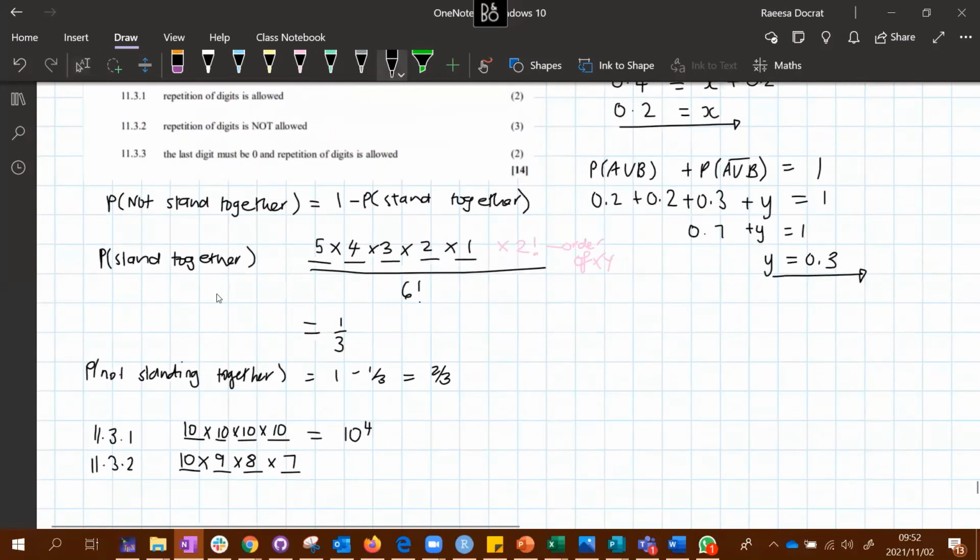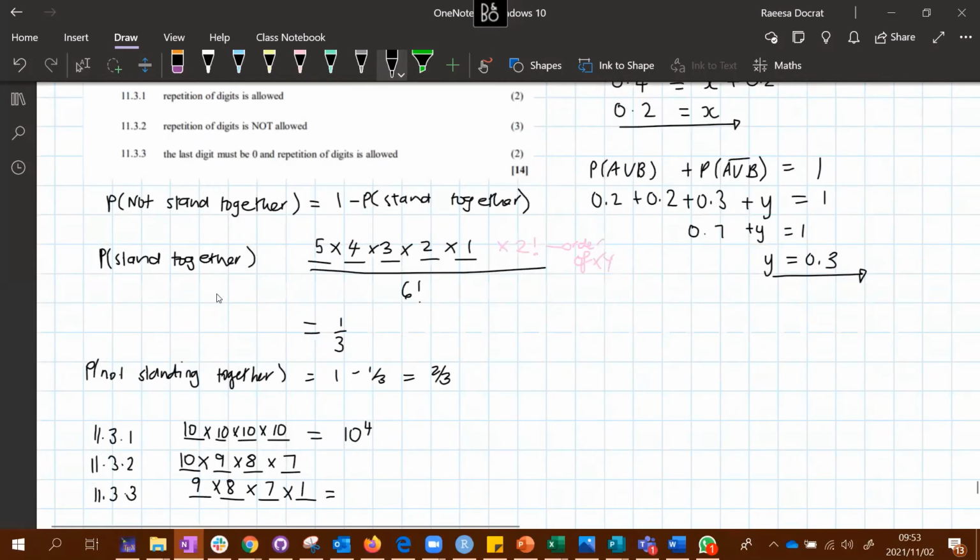And then the last one, 11.3.3, is that the last digit must be a 0. So we know that we're going to put our 0 there. So there's 1 zero in the last digit. How many options do we have for the next one? Well, we only have 9 numbers left, and then 8 for that option, and then 7 for that option.